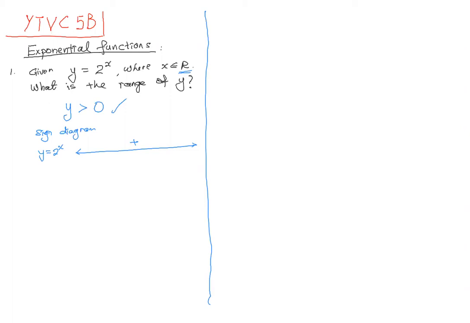So can someone tell me why? This is a very important fact that we have to know when we learn this exponential function. Basically, y must always be bigger than 0. It cannot be negative. Yeah, I know. Why is y always bigger than 0?